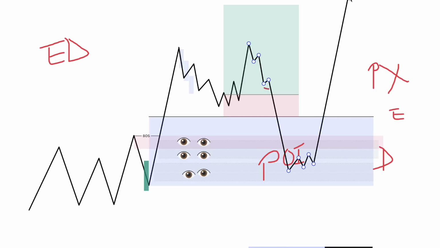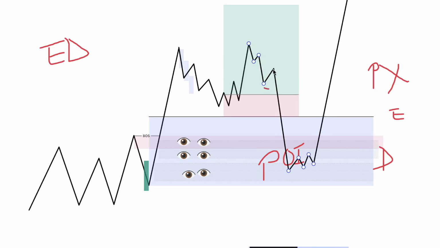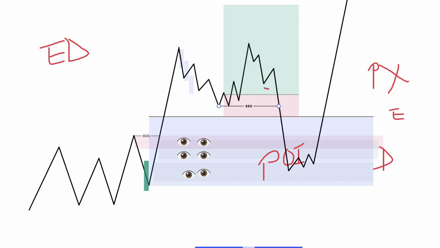Now, here comes the money. You now see what happened. You now see the mistake. Here comes the mistake. You become money in the pockets of the informed traders. Your stop loss is an additional money for them.